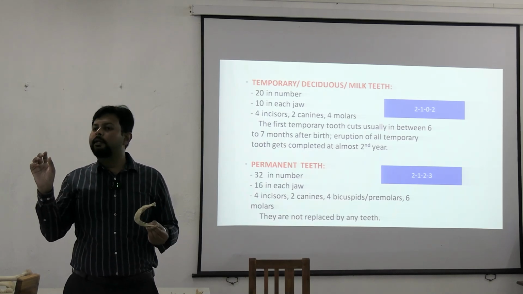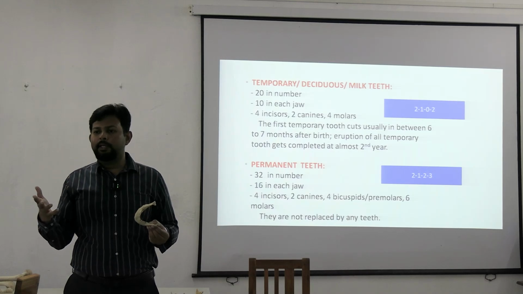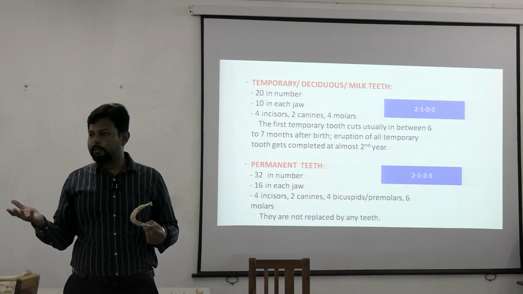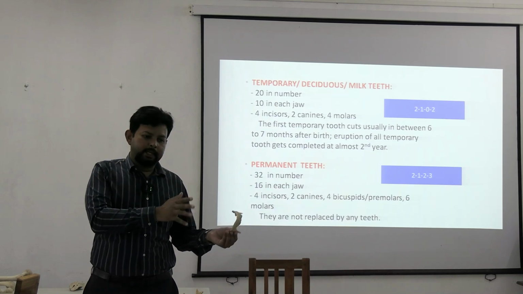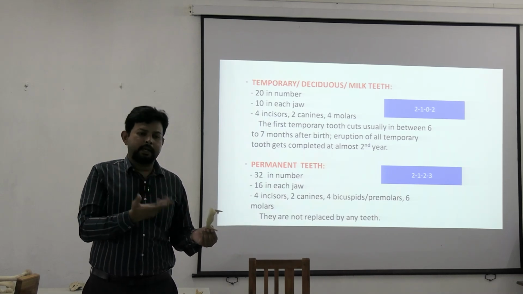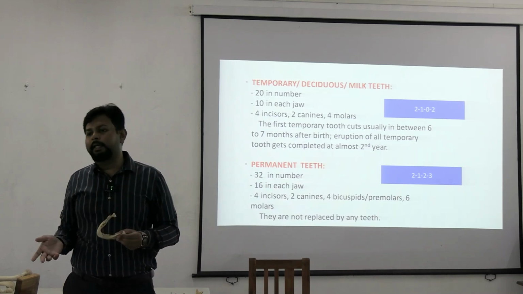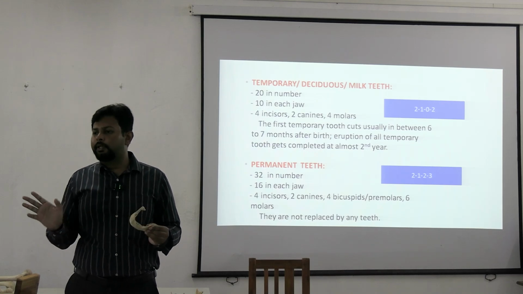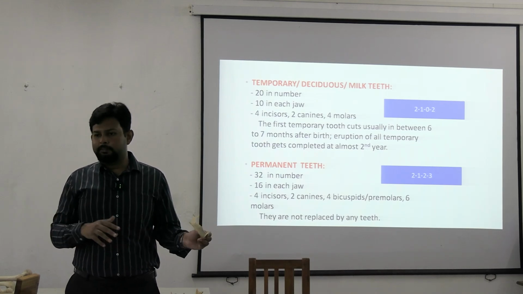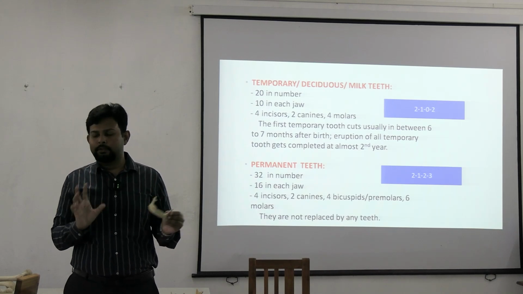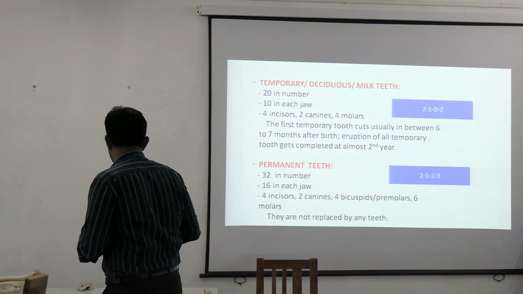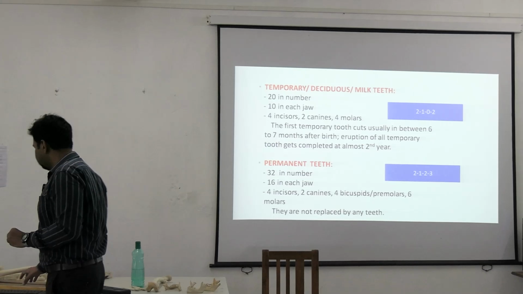We have to know, usually, which appears when. There are scenarios where the eruption will take place earlier or may be delayed. But we are not bothered about those extremes. We will take the median, the average. So we will see this chart. This is clear?